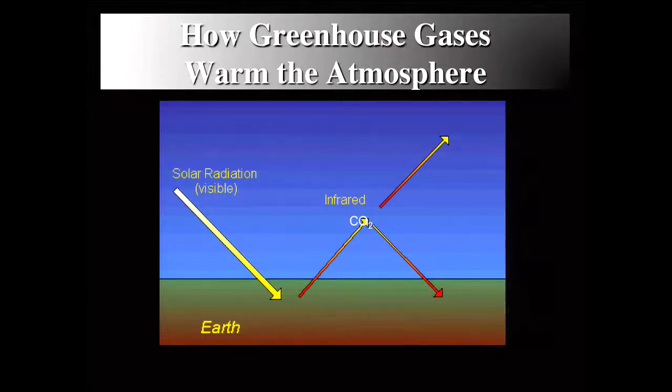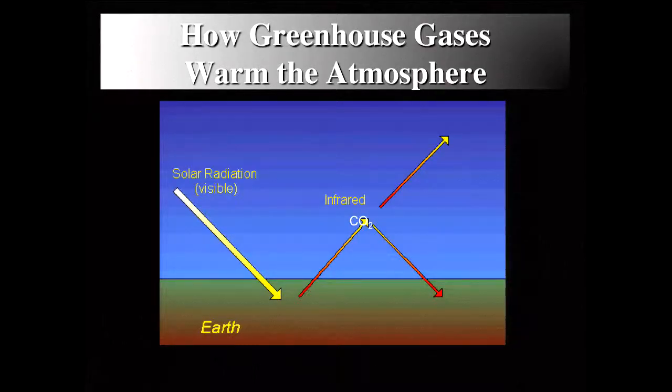Having been excited, it re-emits infrared light in some random direction, often back to the surface of the Earth. In other words, the infrared light that would have carried energy away from the Earth got trapped by the CO2 molecule and sent back to the Earth.